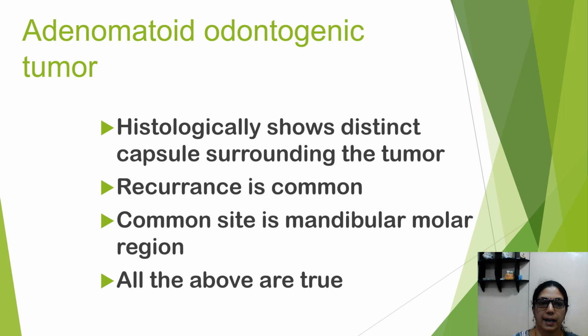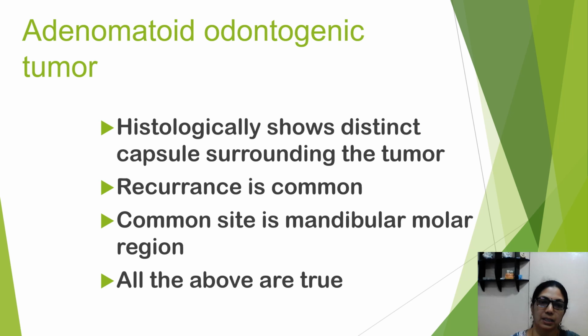Next question. Adenomatoid odontogenic tumor. Histologically it shows a distinct capsule surrounding the tumor, or recurrence is common with this, or the common site is the mandibular molar region, or all the above are correct. So adenomatoid odontogenic tumor is again an odontogenic tumor that is derived from the epithelial component. It is an epithelial odontogenic tumor.